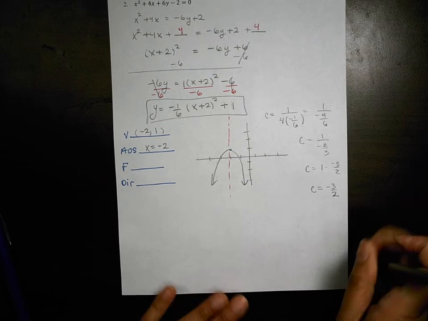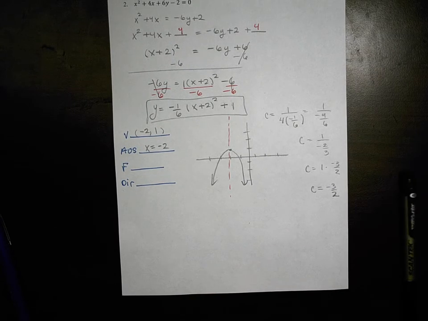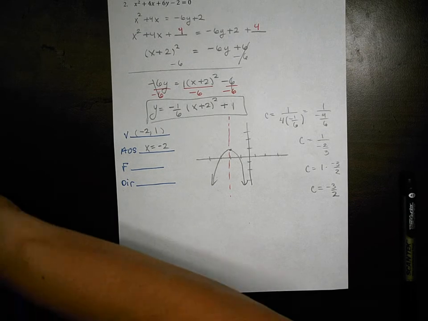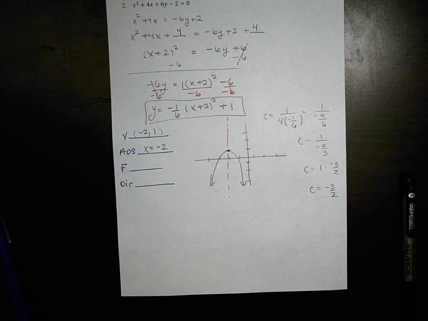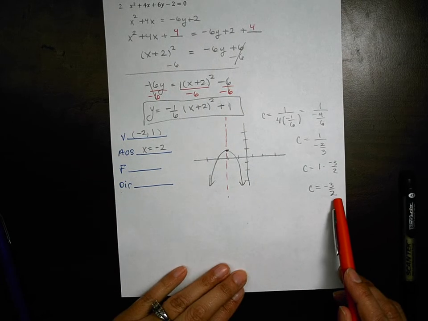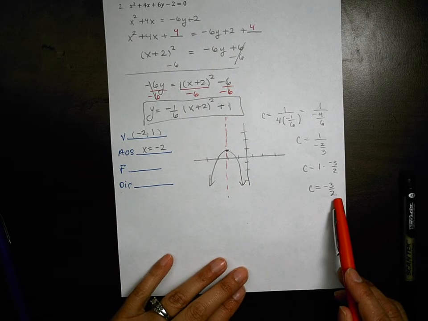Okay, here's the deal. Everybody listening? How many of you are using your formula? How many of you are just using the picture and doing it visually? Okay, if you are doing it visually, ignore the negative. Ignore the negative. And how far up and down from the vertex are you going to move? 3/2, 1.5.